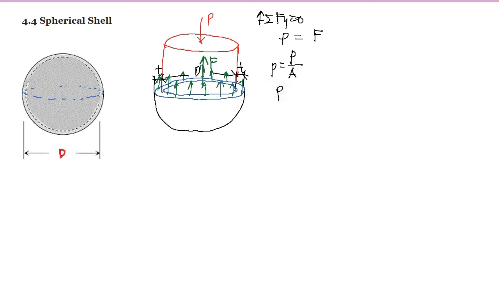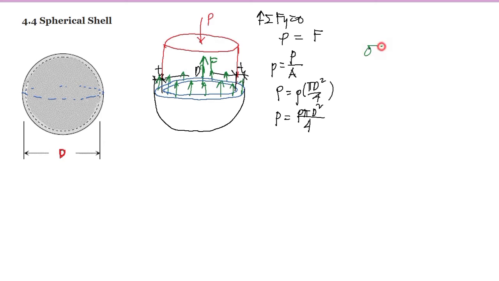So this P here, denoted as the capital P, is equal to the internal pressure multiplied by the area, which is pi d square over 4. So we can say that P is equal to p pi d square over 4.